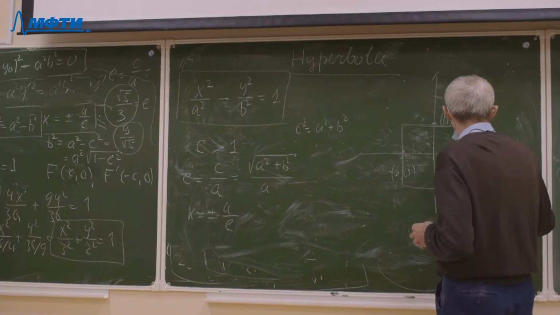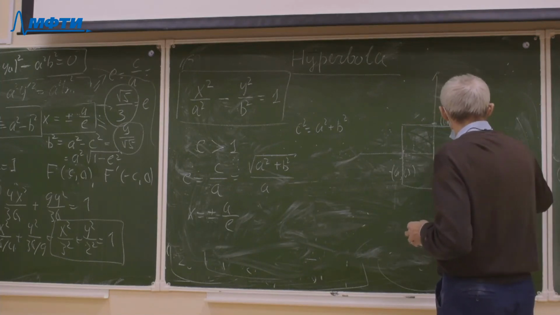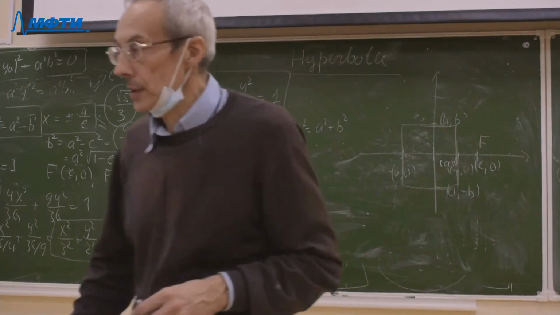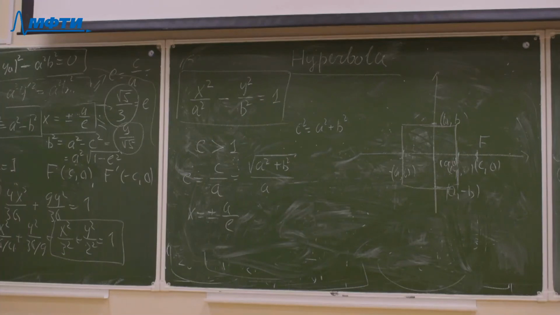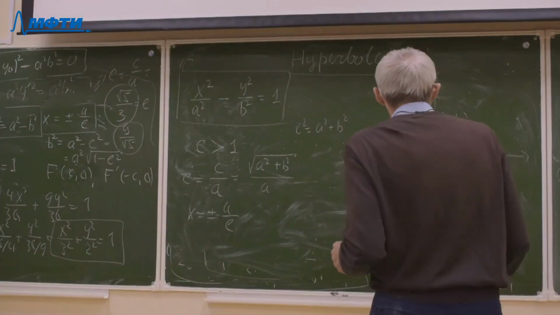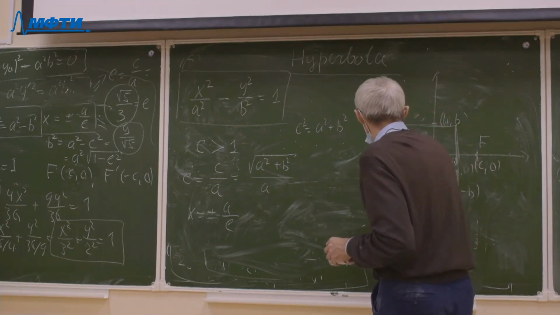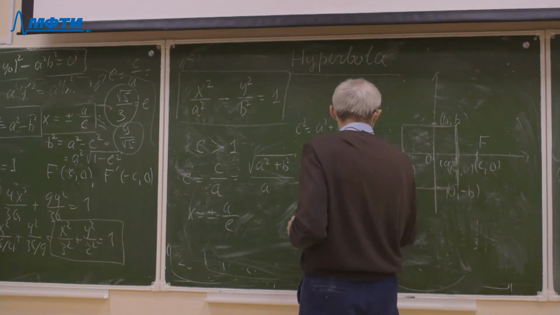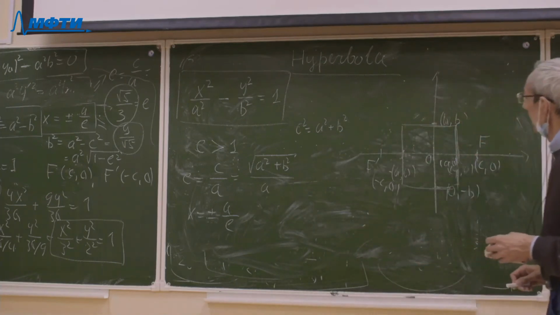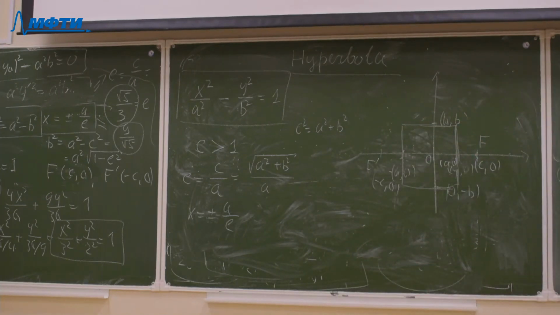c is the coordinate of a focus, one of the foci, and F prime is the other focus, which has coordinates minus c, 0.